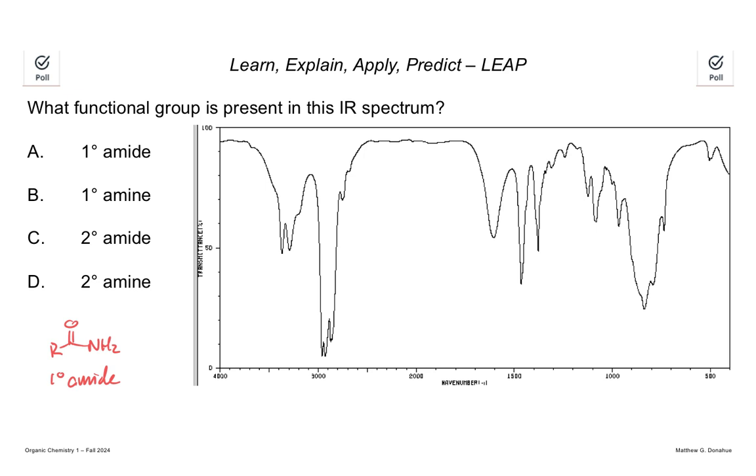So that's a primary amide. This is a primary amine. This is a secondary amide.